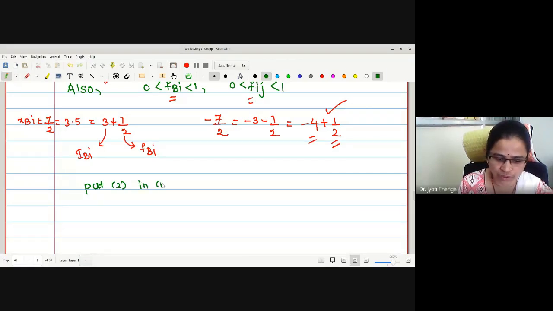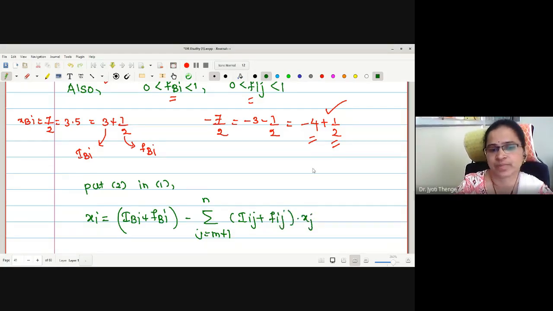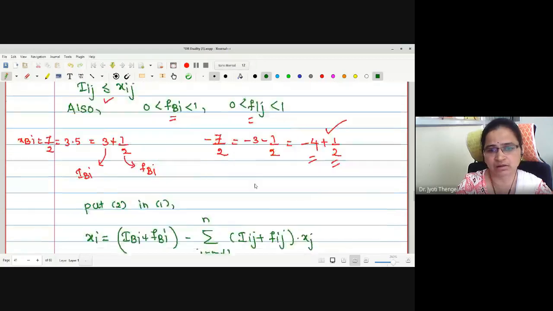So xi equal to xbi, where xbi is ibi plus fbi, minus summation j equals m plus 1 to n of xij, which I can write as iij plus fij, into xj. Correct? These values I have kept in 1.